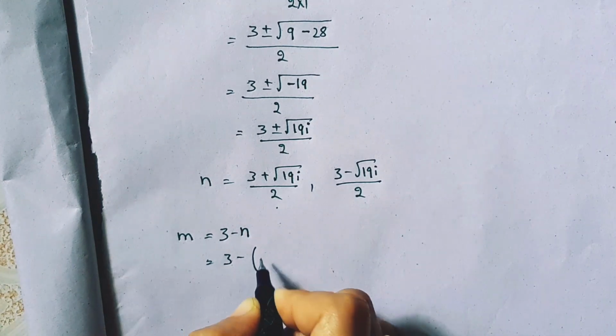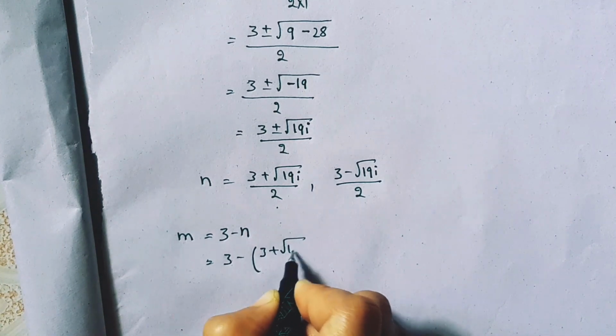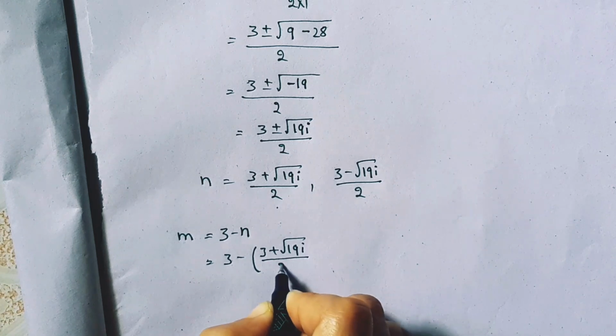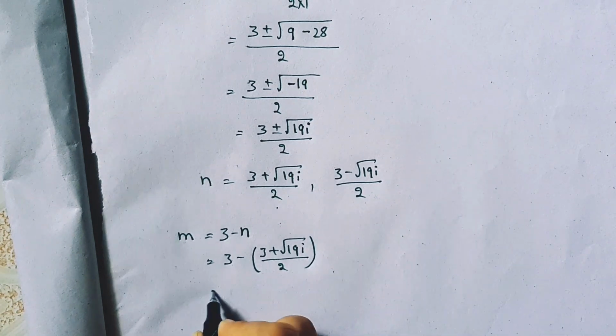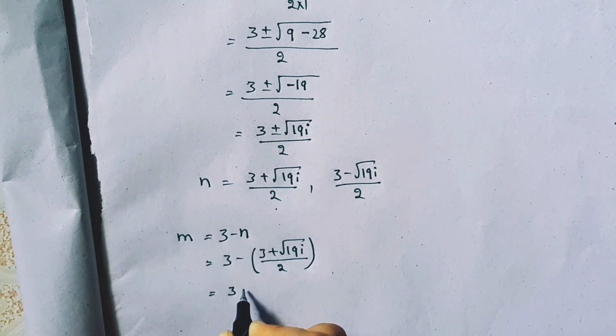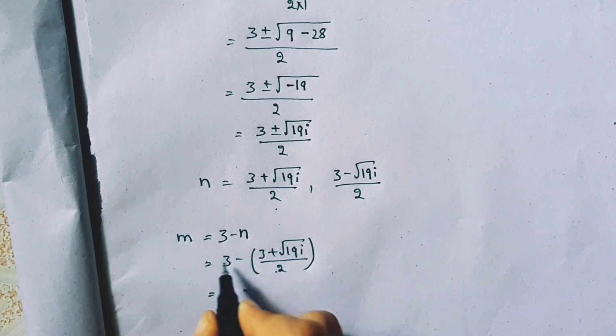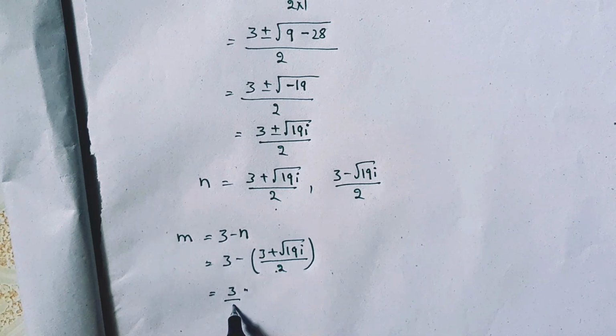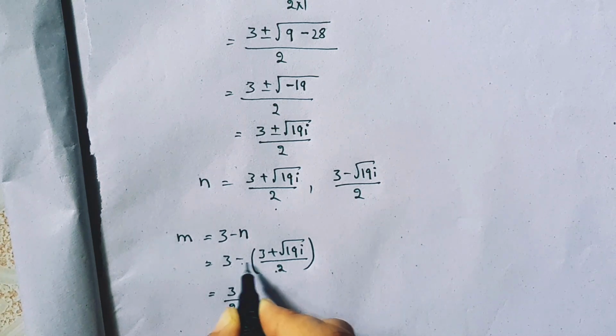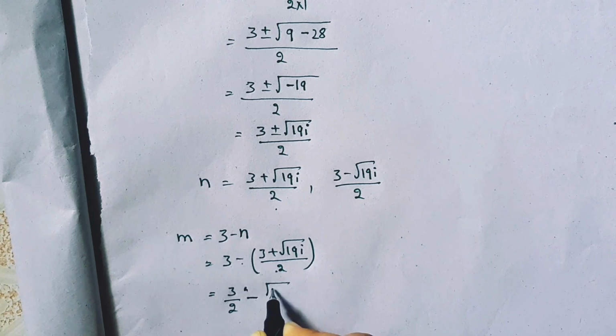So m equals 3 minus (3 plus square root of 19 i)/2. That implies 3 minus 3/2: 3 twos are 6, 6 minus 3 is 3/2, and minus of plus is minus, so 3/2 minus square root of 19 i by 2.